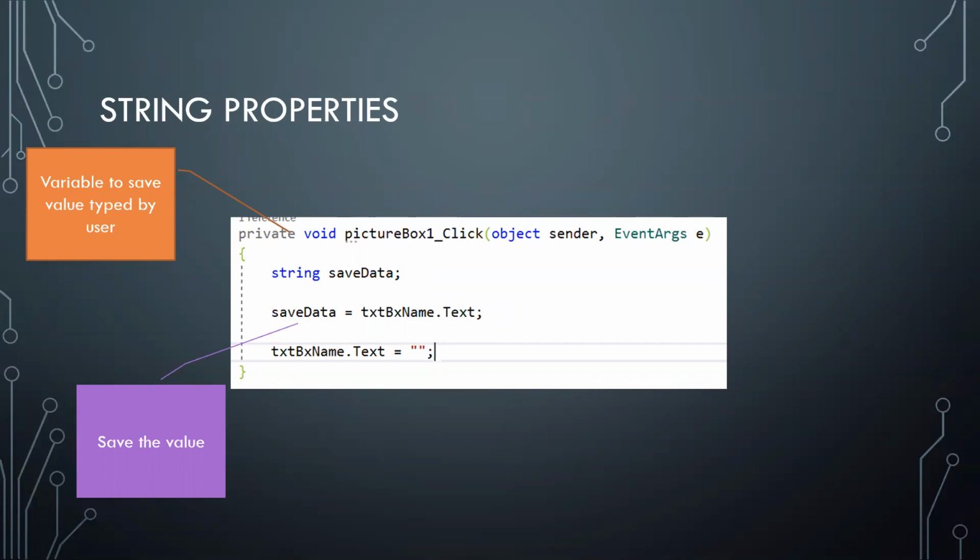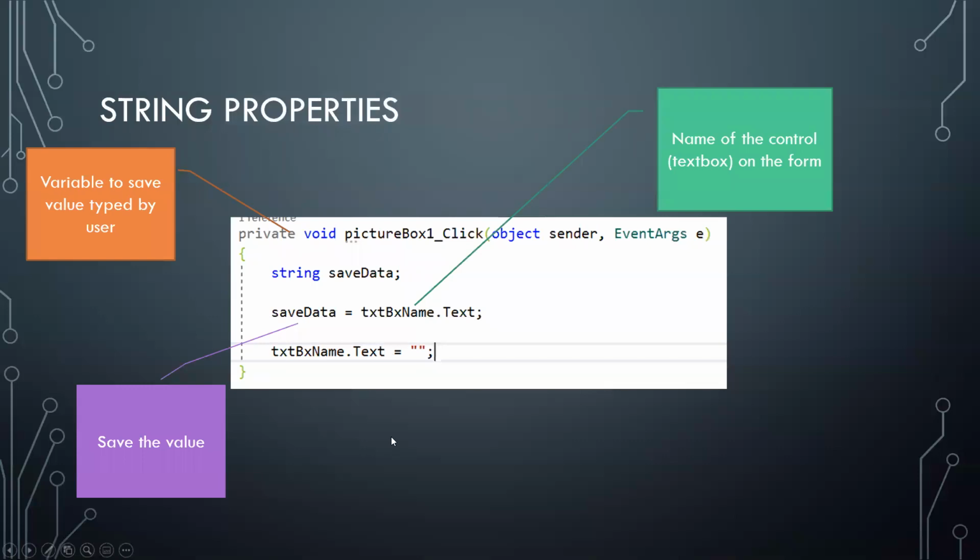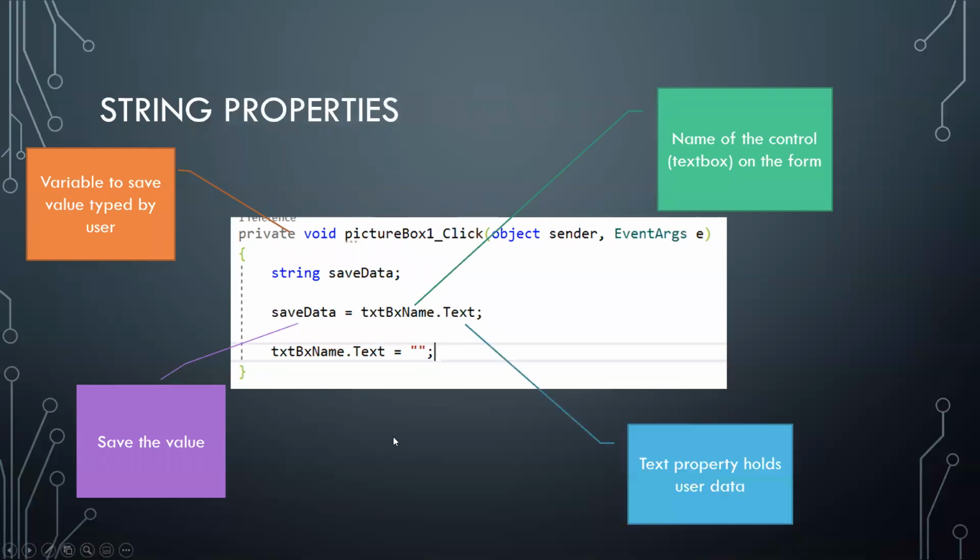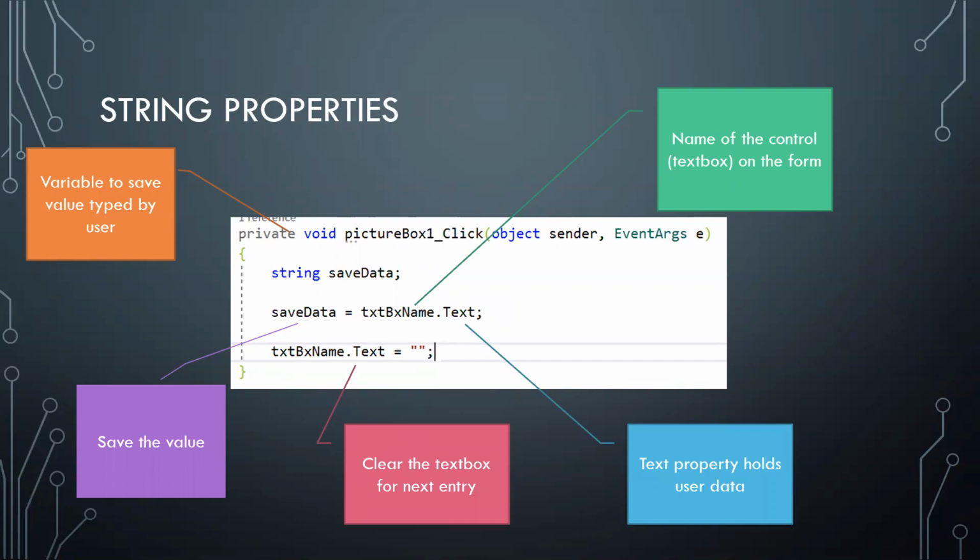So our form control will be on the right side of the equal sign as the data that is being used whenever we're wanting to read. Whenever we're wanting to update the value of a text box, the text box name would be on the other side of the equal sign, right? Because we're setting it equal to a new value.